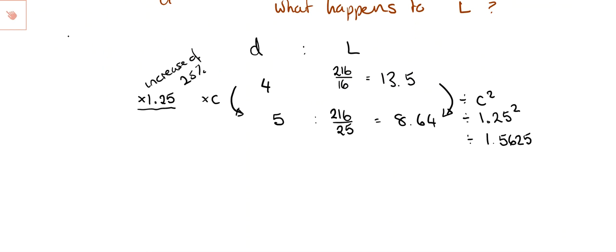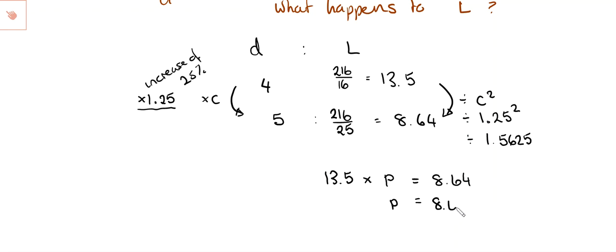Again, I'm doing this currently with my M1, so I know you've done this before. 13.5 times by, because that's how you do a percentage increase and decrease. So I'm going to say P for percentage equals 8.64. So what is P? What's the percentage? How do you work it out?